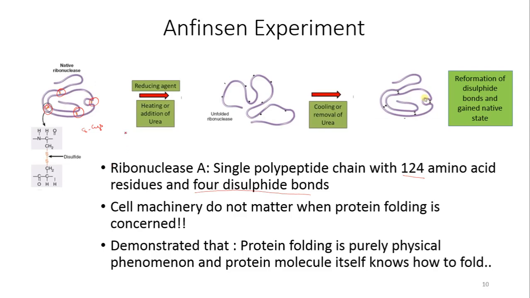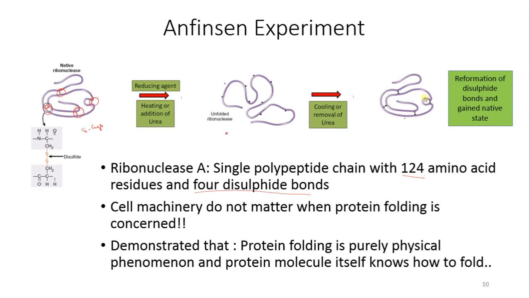Okay, so now what he did is that he took this ribonuclease A protein, and he heated it or added a reducing agent so that these disulfide bonds can be broken, along with the addition of urea. After heating and addition of the reducing agent, he observed that the ribonuclease is no longer able to perform its catalytic function.